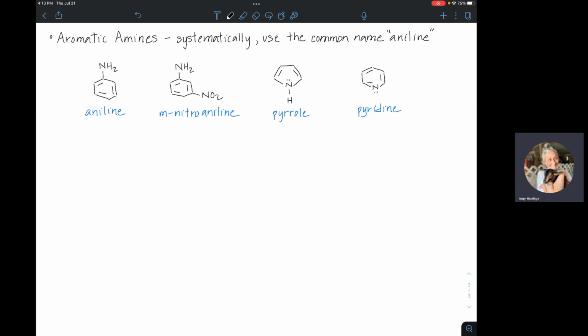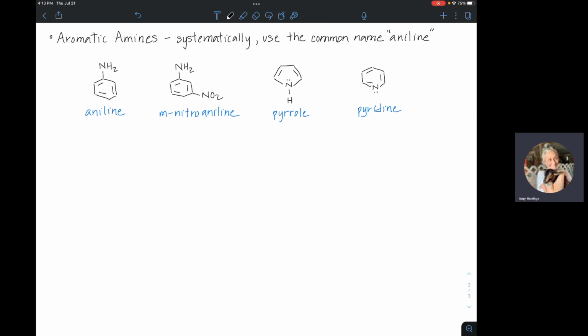So geometrically, those electrons are part of a p orbital that's in line with the other p orbitals in the aromatic ring. The lone pair on pyridine, though, is not part of the pi system. The lone pair of electrons on the nitrogen in pyridine are actually lying parallel to the ring. In other words, they're perpendicular to the conjugated pi system.